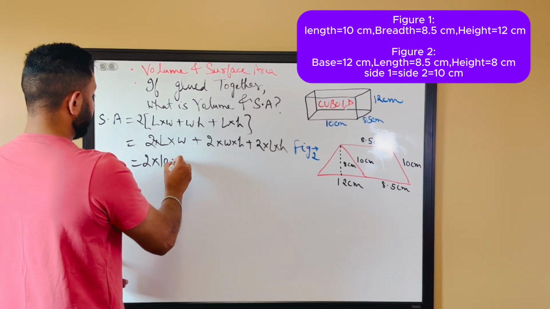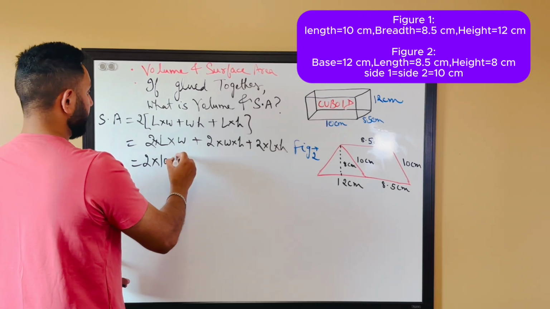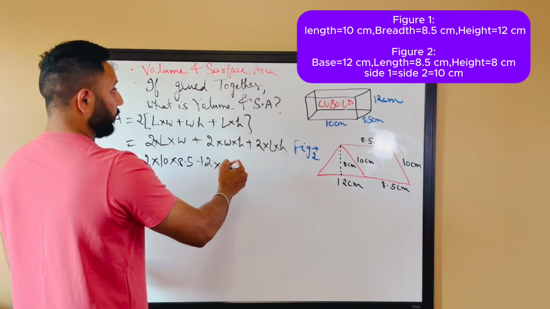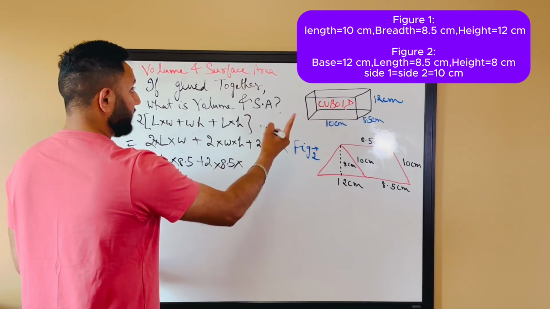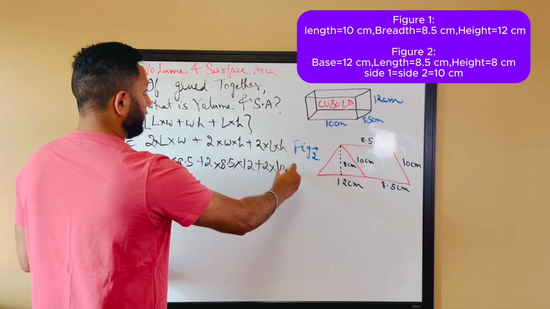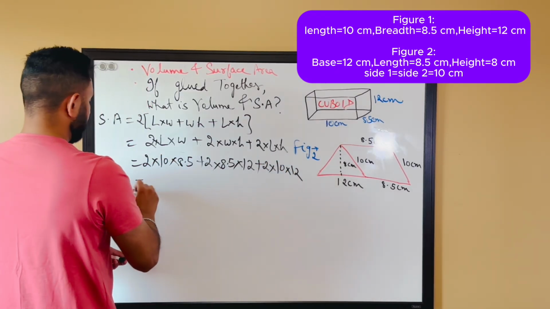If we put the values here, length is 10 and width is 8.5, so twice of width 8.5 into height 12, and twice of 10 into 12.